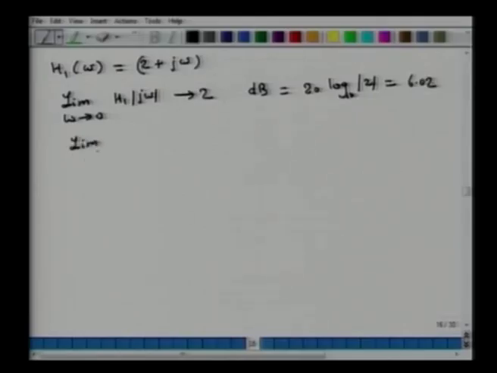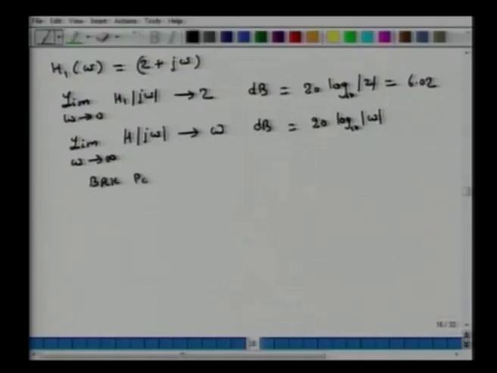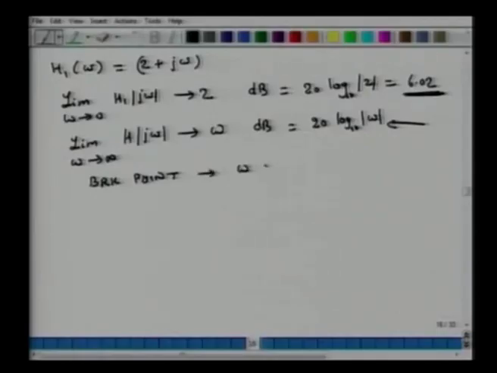And the limit as omega goes to infinity for H1 is basically omega. So my decibels is 20 log 10 of omega. This is going to give me my low frequency asymptote, this will give me my high frequency asymptote, and the breakpoint where these two asymptotes cut each other will be such that omega equals p, that is omega equals 2, or log omega equals 0.301.